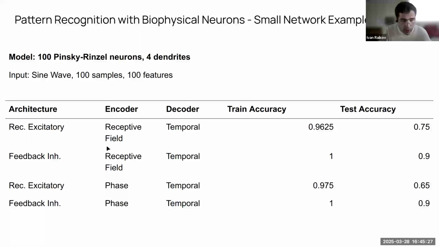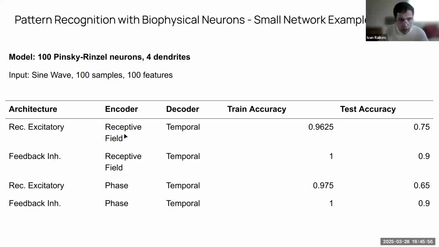These are very short control runs, and I have not yet applied Frithjof's joint model, but we hope to do so in the near future. I have evaluated a simple architecture of excitatory neurons that are connected to each other, as well as a circuit with feedback inhibition, so there are inhibitory neurons that receive input from the excitatory neurons.